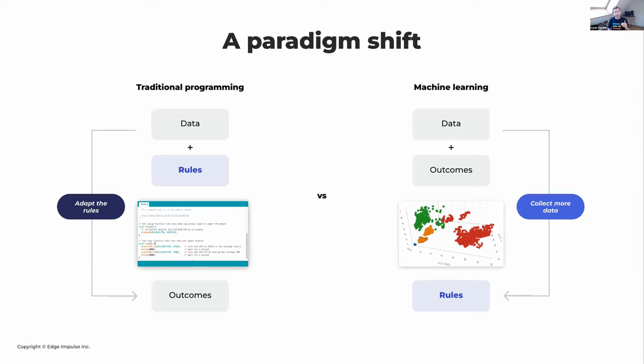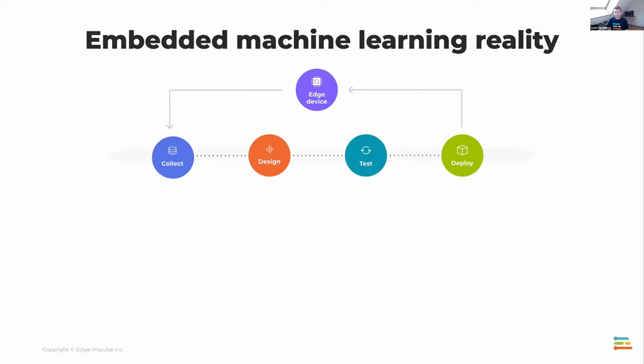You need to go through different thresholds, etc. That was super complicated. Then machine learning arrived, and the paradigm shifted a bit. You've got your data that comes with labels, and then the model will learn the rules by itself. Then you will be able to reuse that, so you can put in input data and you will get predicted outcomes. So that's really a change.